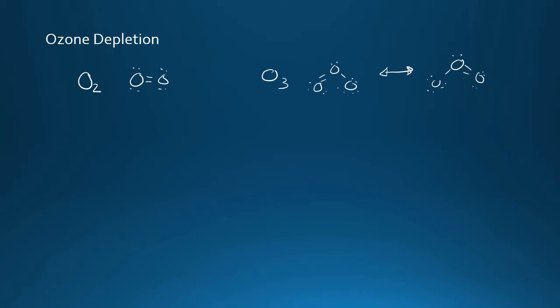If we look at regular oxygen, O2, we know we have 2 bonds between the oxygens. Ozone has 1.5 bonds because of the delocalized electrons between each oxygen. Therefore, it's a little bit weaker, so oxygen is stronger.